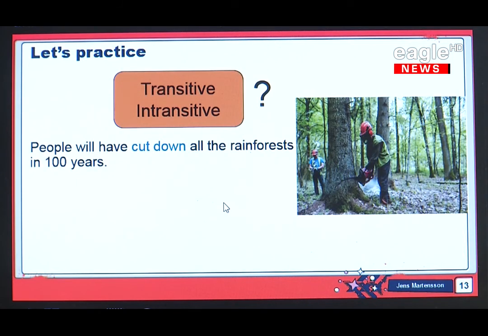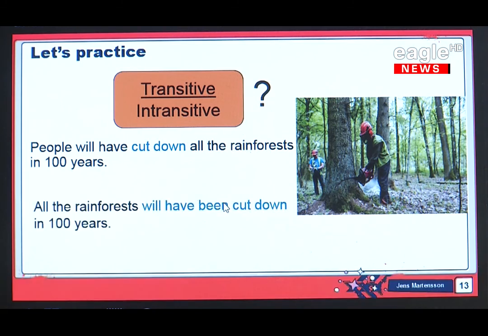Next example. People will have cut down all the rainforests in 100 years. Is it a transitive or intransitive verb? It's a transitive verb. So we can change into passive form.